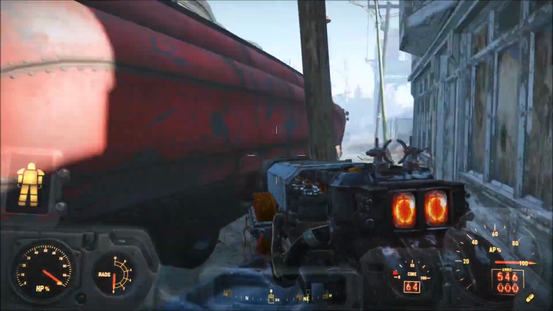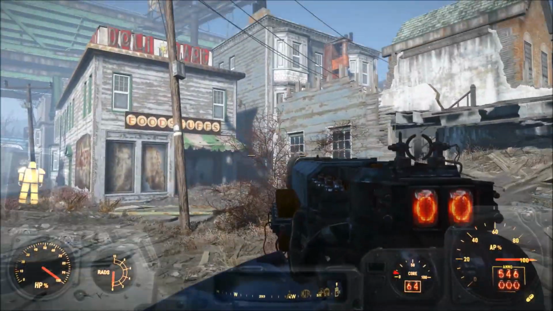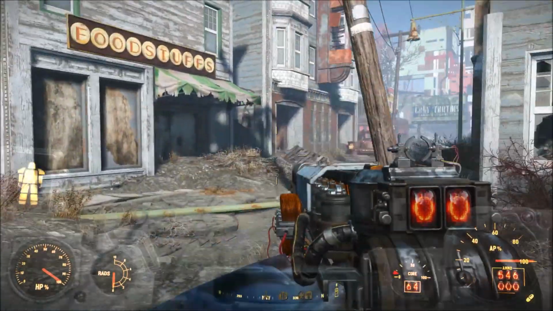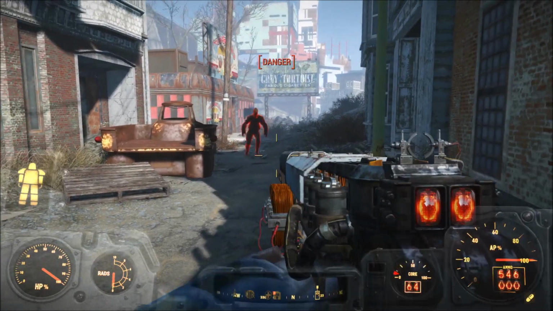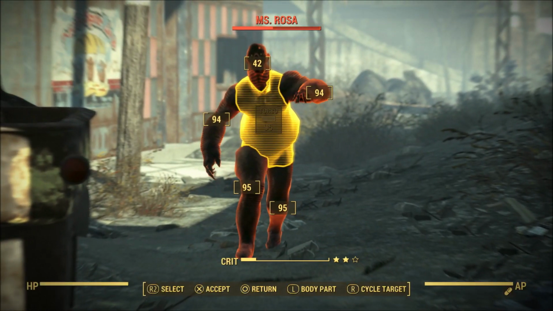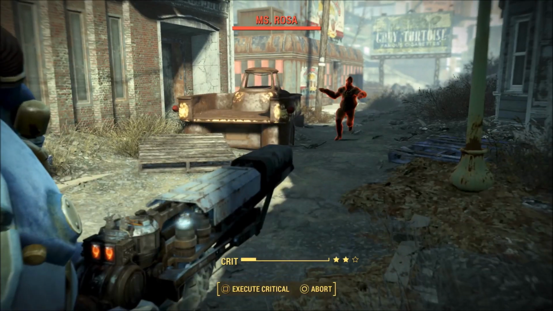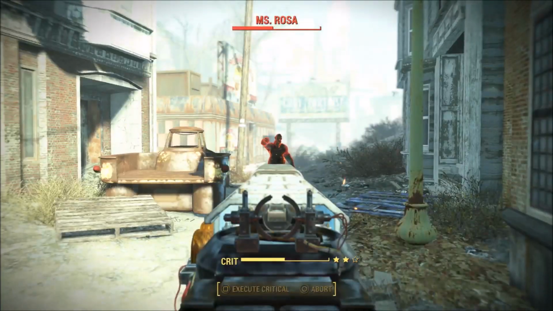So yeah, this mod will take them out. And again, it's not for every single location, but it is for a lot of the locations, and does have a good effect on improving the game in that sense.